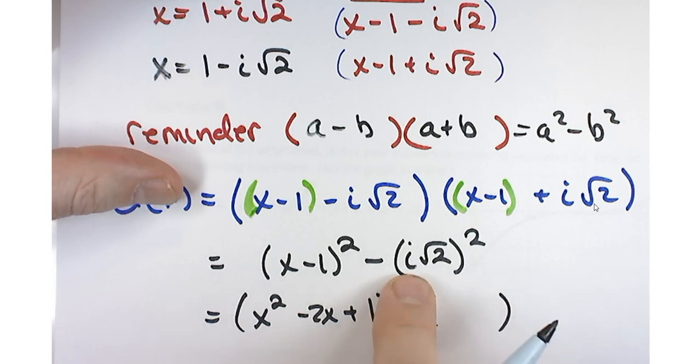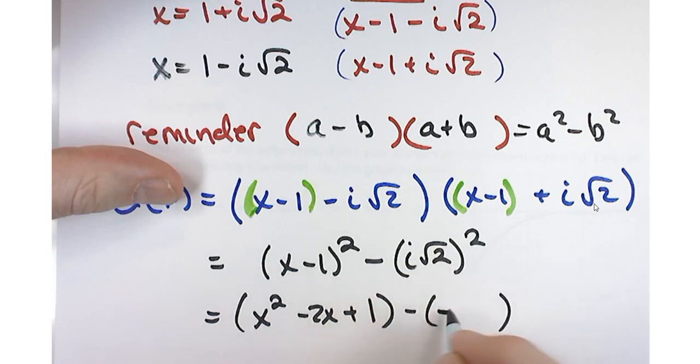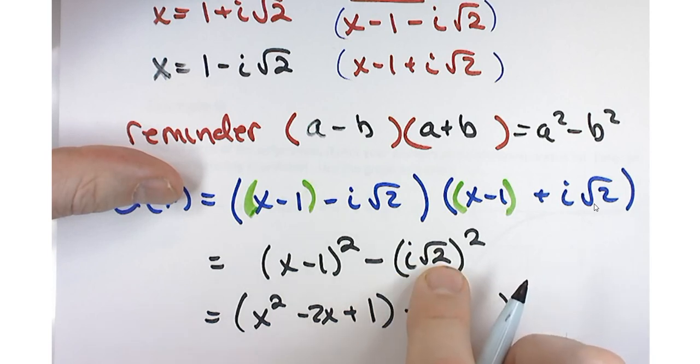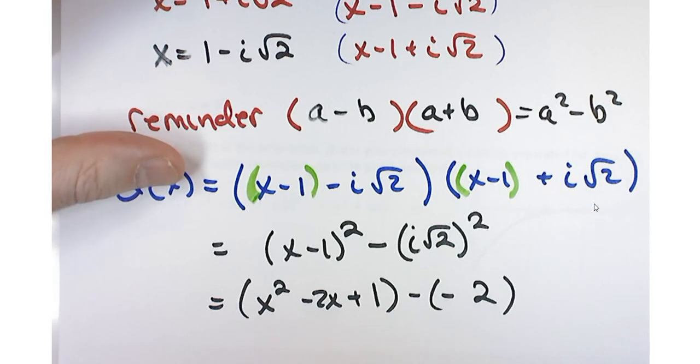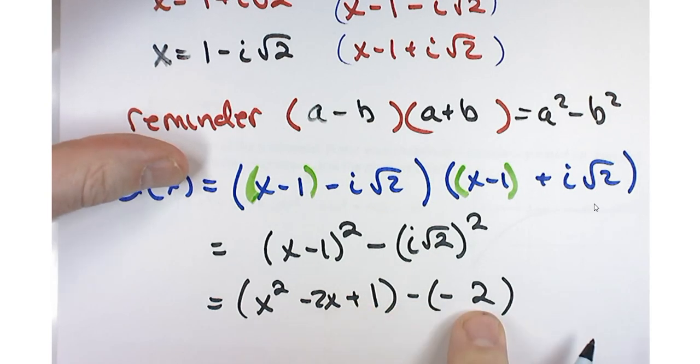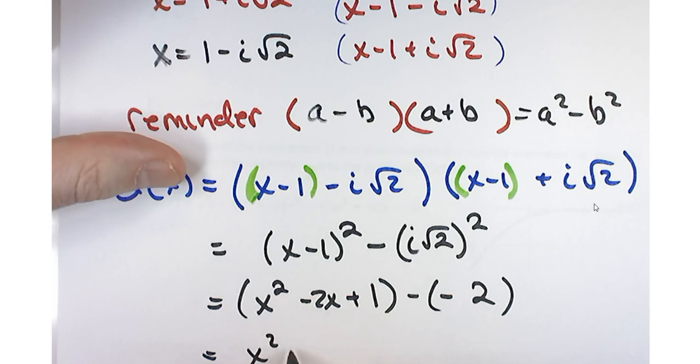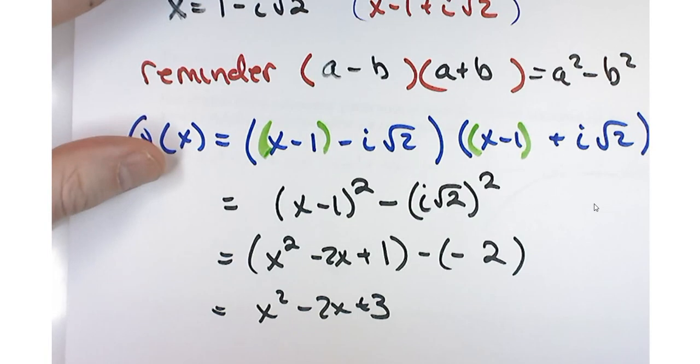What do I get when I square i? i squared is negative 1. What do I get when I square the square root of 2? 2. So you have 1 minus negative 2, x squared minus 2x plus 3. That's going to be your final answer.